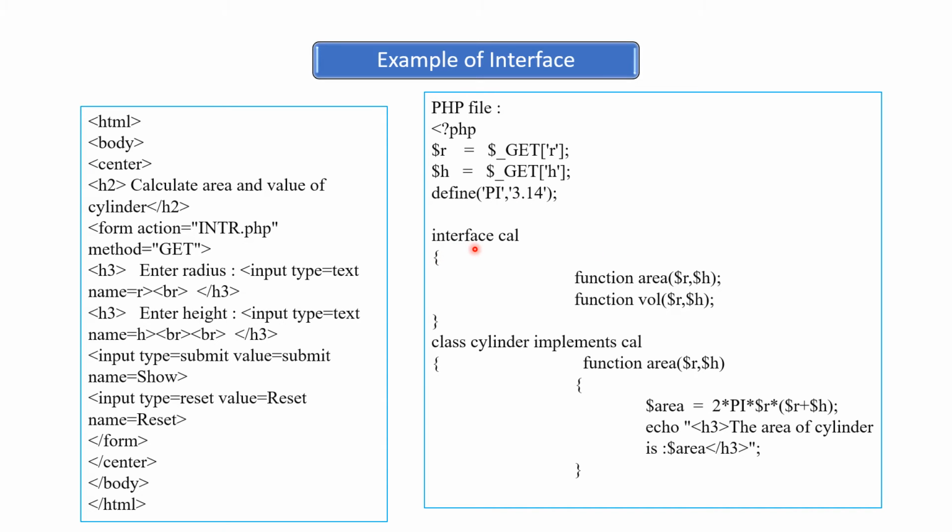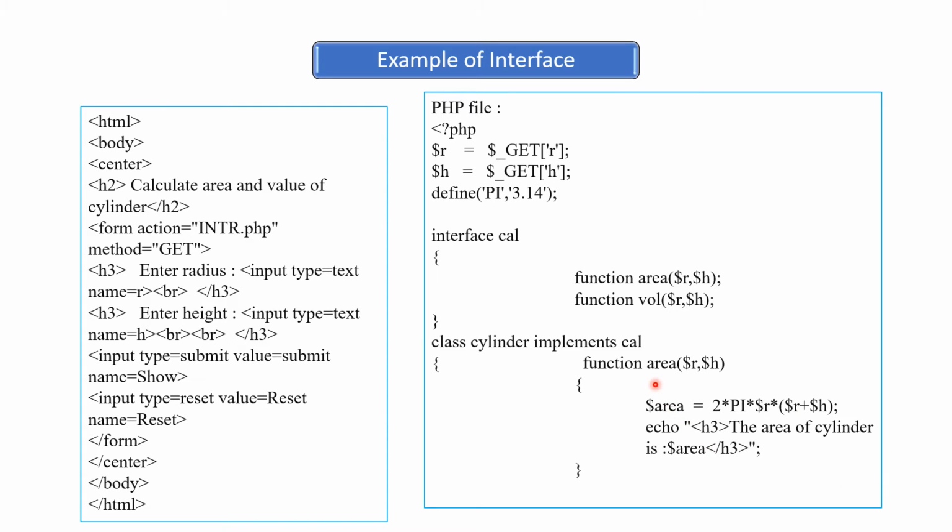Then you can create an interface named cal, and in this interface you can declare two methods, area and volume. These are pure abstract methods, and you pass two parameters to them. After that you can declare a class named cylinder, and this class implements the cal interface.